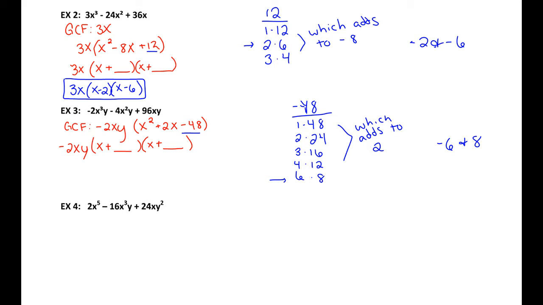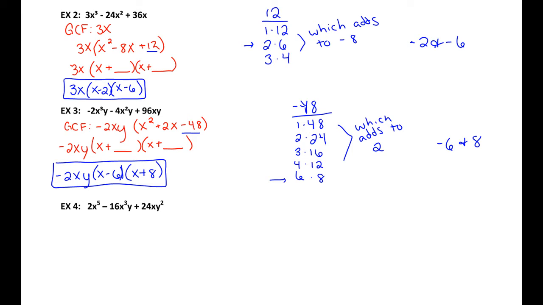So my answer is negative 2xy times x minus 6 and x plus 8. Again, you can write these factors in any order as long as you keep the greatest common factor out front.